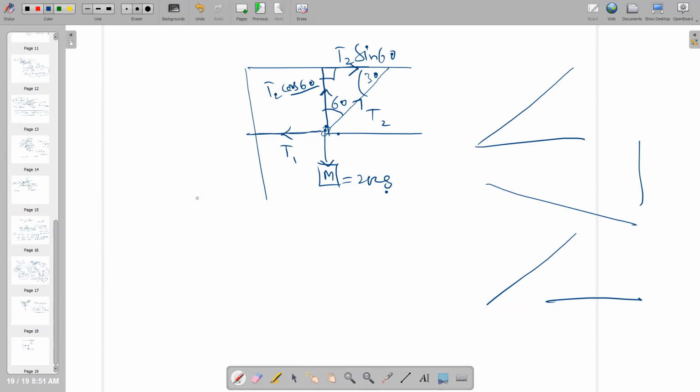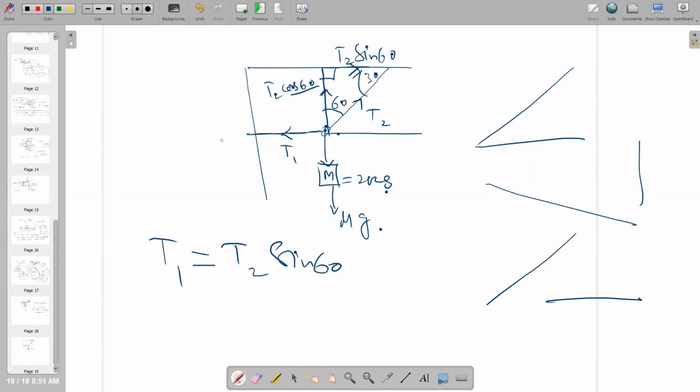Okay. Now the things are clear. This is T2 cos of 60 upward and downward is mg. The second thing, T1 is on this side and T2 sine theta is on this side. So you can write the equation that T1 is equal to T2 sine of 60.